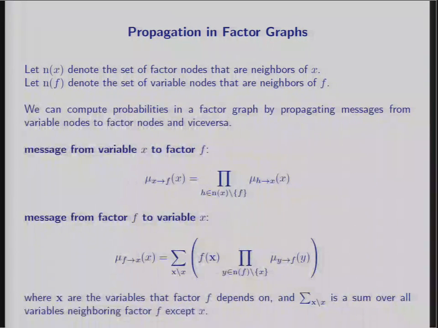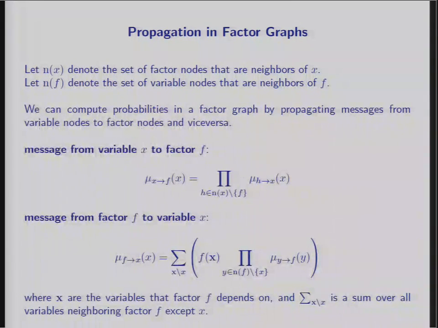A message is going to be an unnormalized probability distribution. It could be normalized if you want to; you can just keep track of the normalization constants. But a message here in this case is a function of x. So if x is binary, that message is a 2-by-1 vector. Okay?